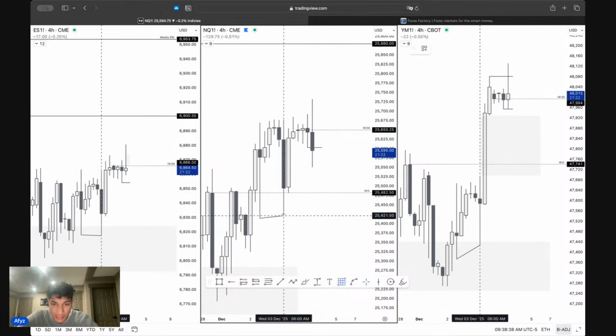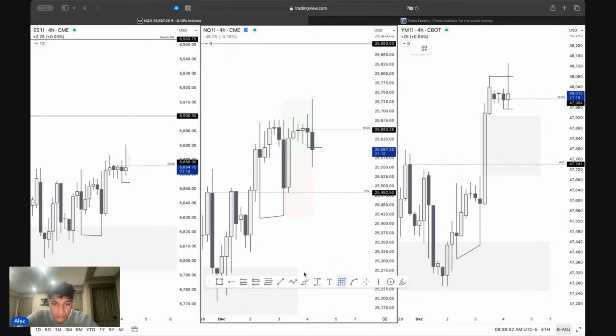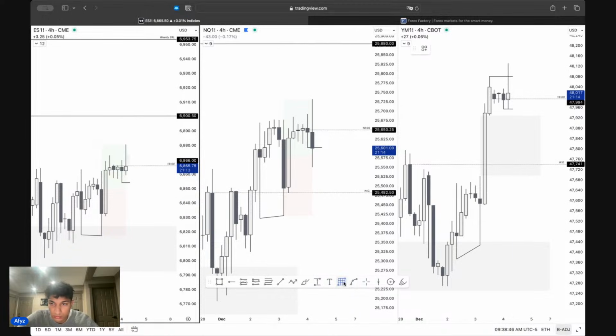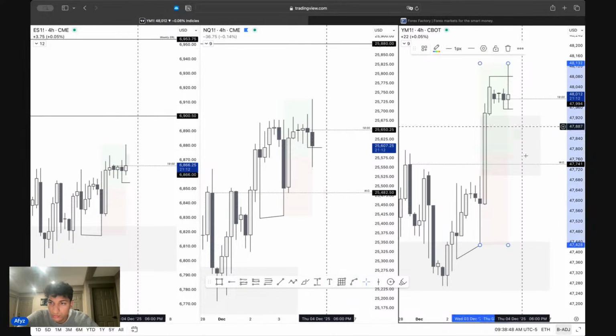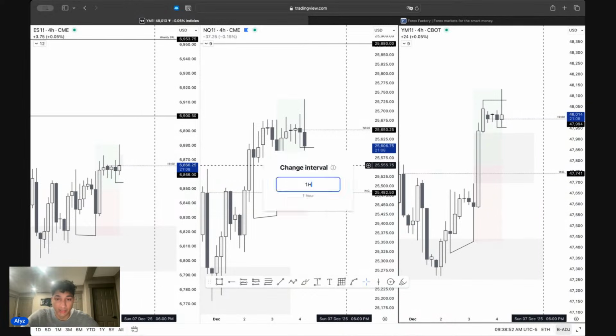You're coming into this EQ of this range here. So here's where you want to see that wick form on NASDAQ.